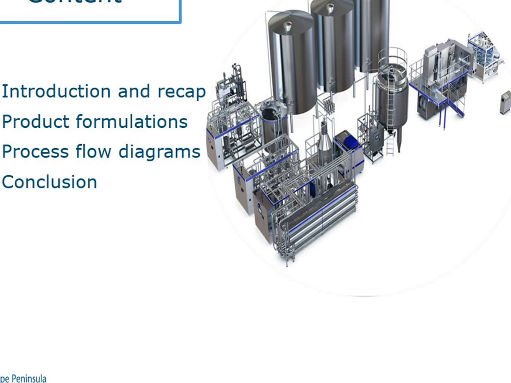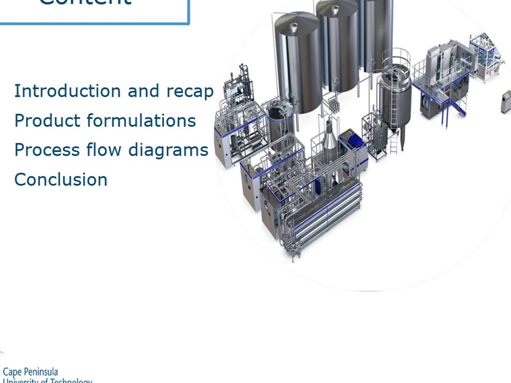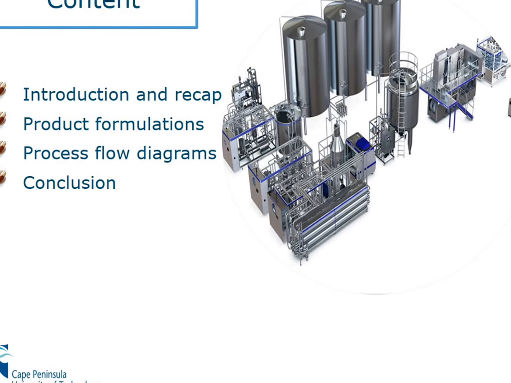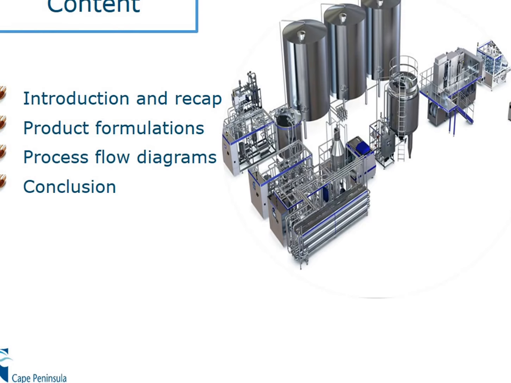We further asked you to indicate the quantities using appropriate units, by which we meant SI units, kilograms, grams, etc. And then you must highlight the roles of each ingredient used in your given food product.